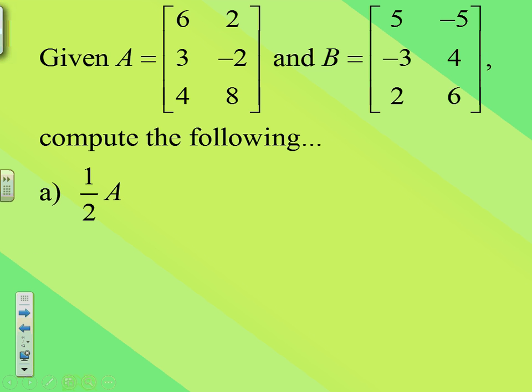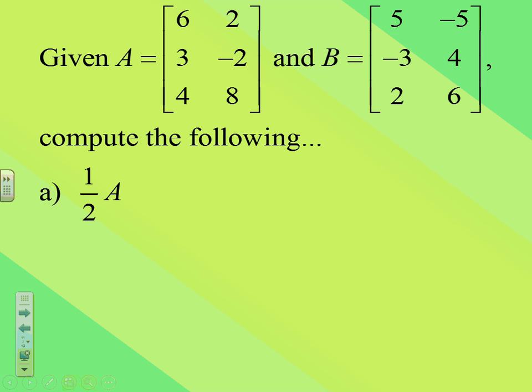So here we have two matrices, matrix A and matrix B. They're the same size. They're both 3 by 2 matrices. So if we wanted to add them together, we could, but that's not what we're asked to do. Here, we're asked to do this scalar operation, which, sure, no problem.